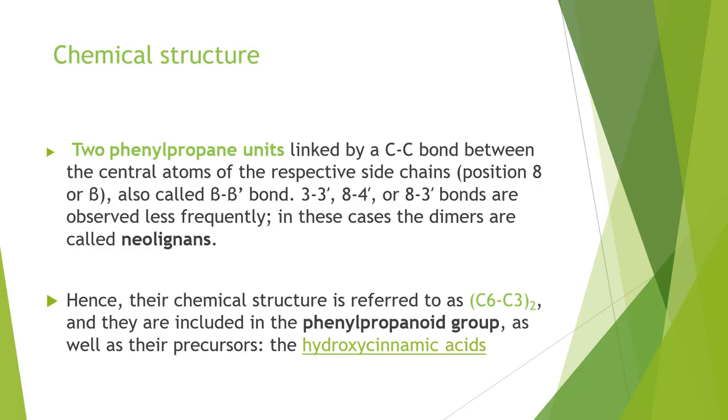There are two phenylpropanoid units, or more than that, and they are included in the phenylpropanoid group as well as their precursors, hydroxycinnamic acid. Cinnamic acid, as you know, is a phenylpropanoid, this unit.